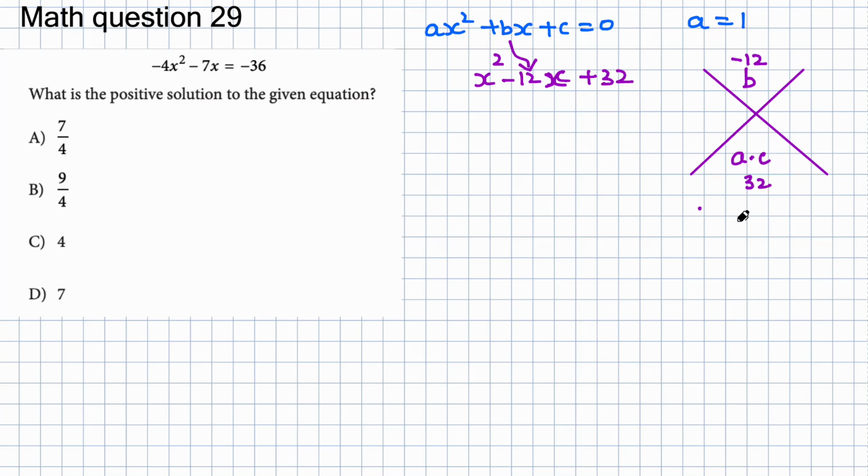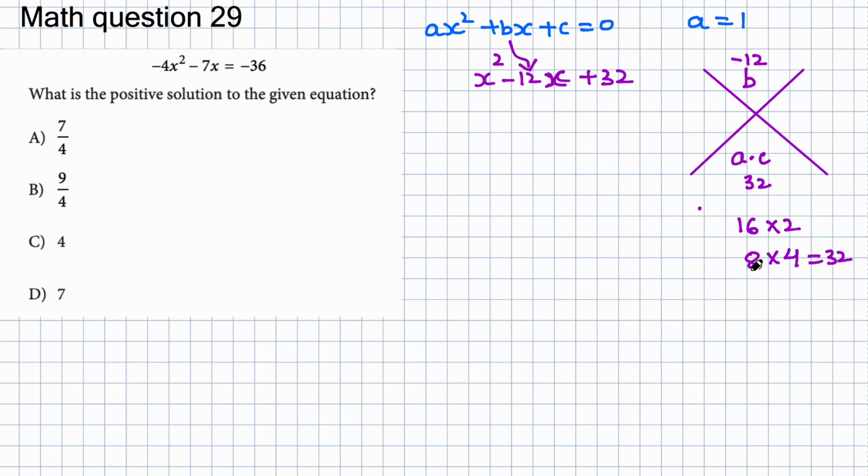Suppose I have 16 twos are 32, no, it will not give me 12 either by sum or by difference. Let's do 8 fours are 32, yes, that's correct. But I need negative 12 as the sum.